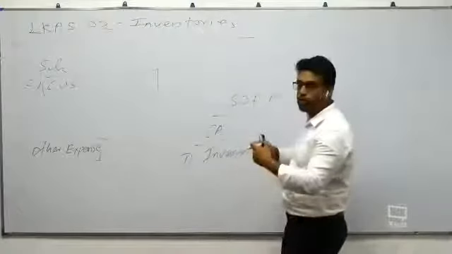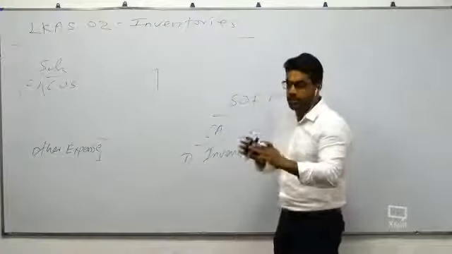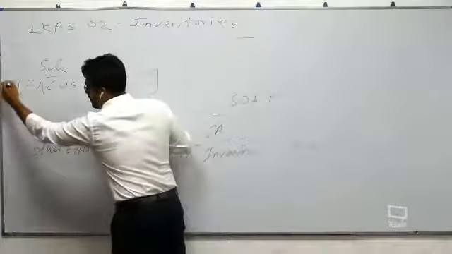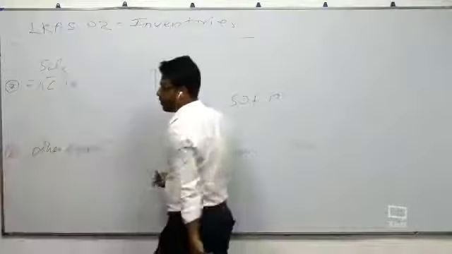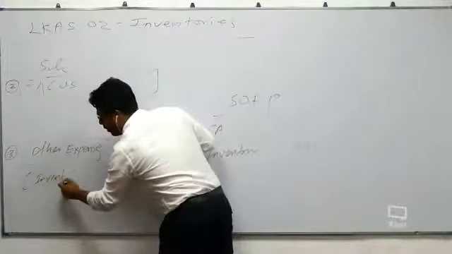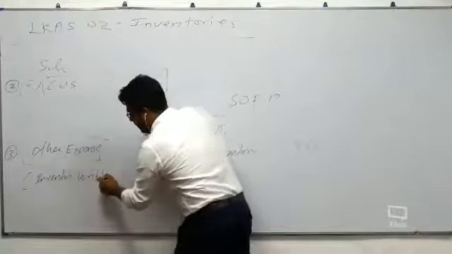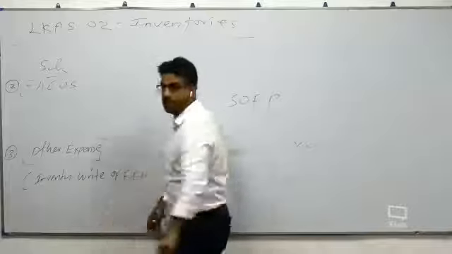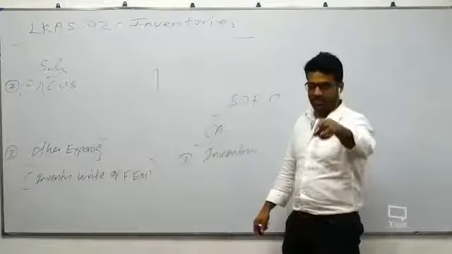These are the most common way of testing and explaining. So this is one entry, this is another entry, and the other entry. So you call that entry generally inventory loss or inventory write-off expense. So everyone tell me, what are the three places?